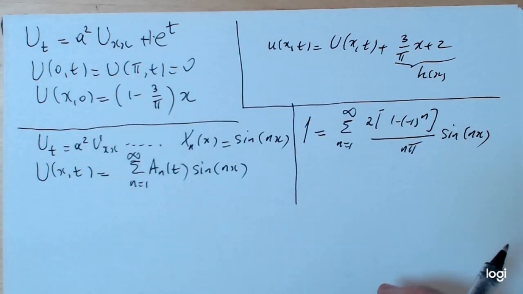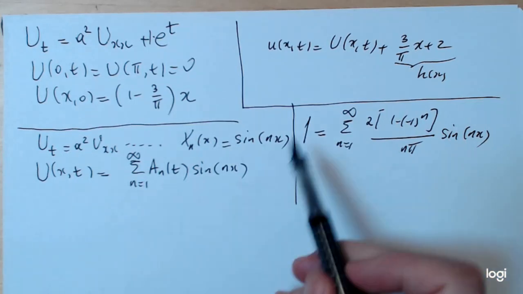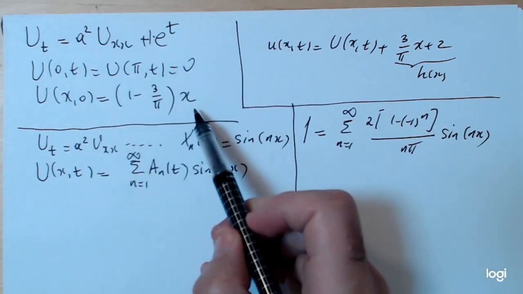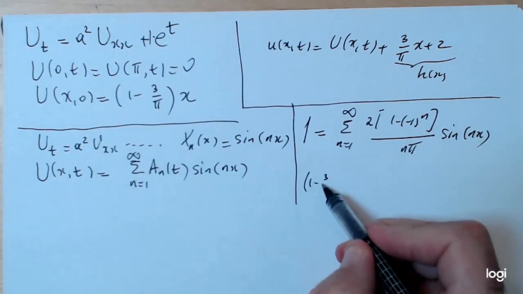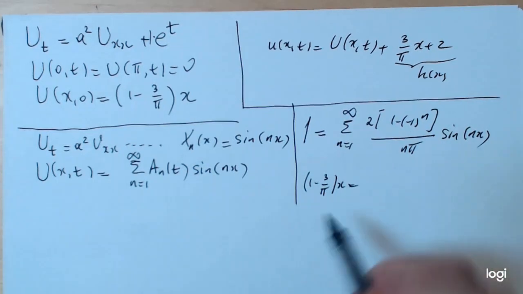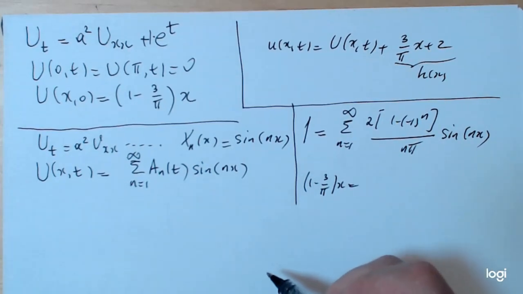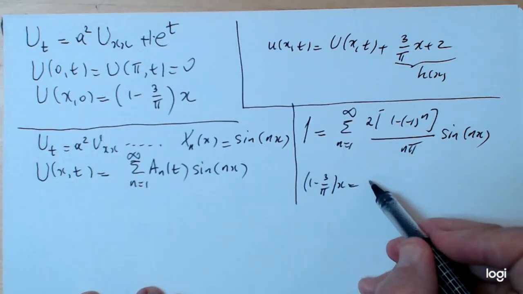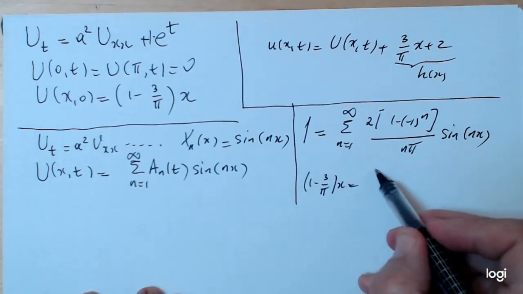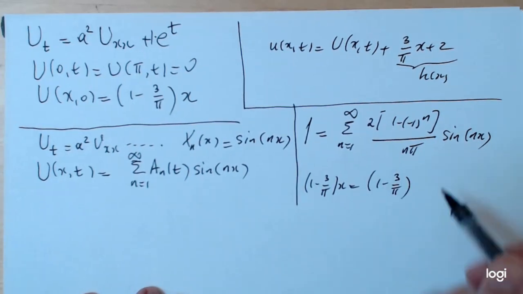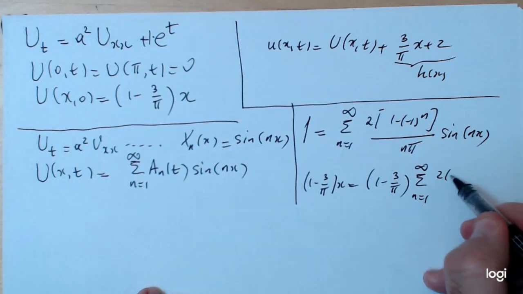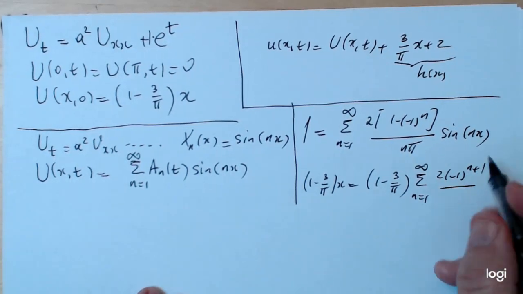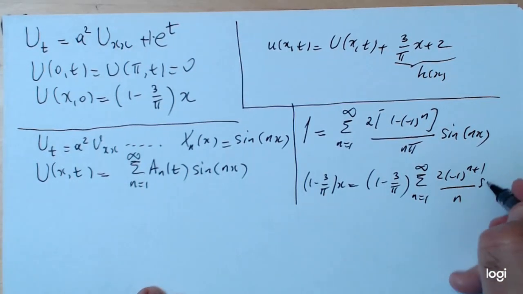Then we also need a Fourier sine series for 1 minus 3 over pi x. Well, all we need is a series for x and just multiply the whole thing by 1 minus 3 over pi. So again, from the table, this will be 1 minus 3 over pi summation from 1 to infinity, 2 times minus 1 to the n plus 1 over n sine of nx.